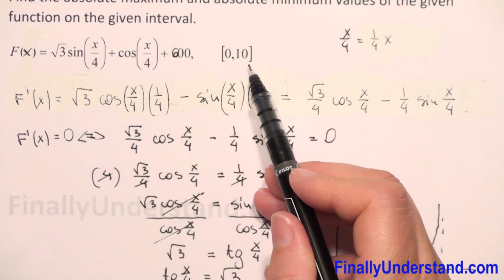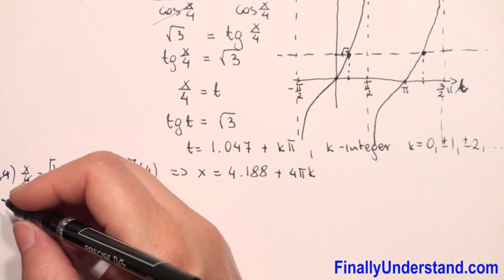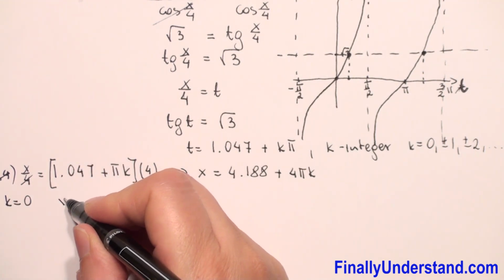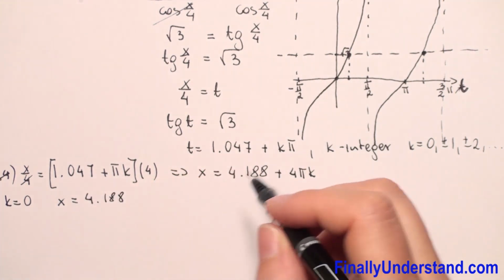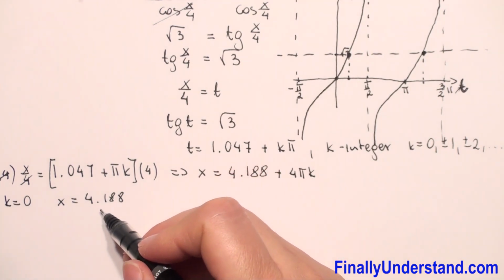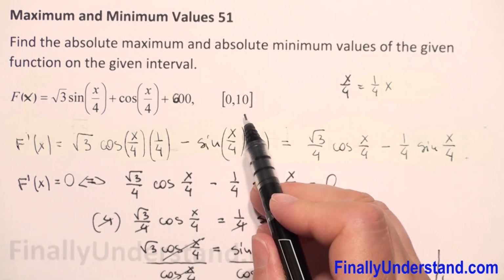Now we have to replace k by these integers and find critical points which belong to this closed interval only. So for k equals 0, we will have x equals 4.188 plus 4 pi times 0, it will be 0. So we have 4.188. This belongs to our interval.